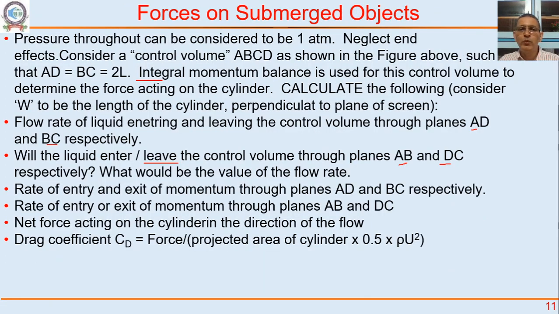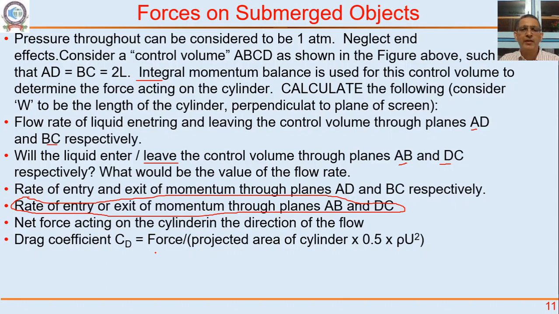This is the most important part of this whole syllabus. Rate of entry and exit of momentum through planes AB and DC. Even if you don't get the answer just now, it is okay. Make an attempt. That's what is important now. We will see more details about this as we go along.